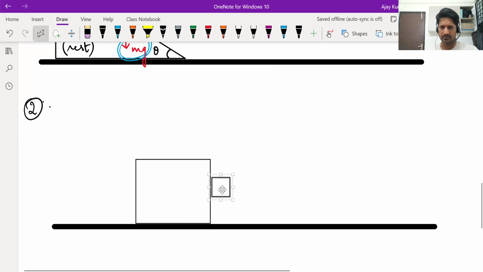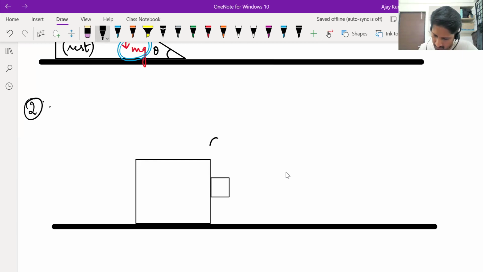Visualize carefully and answer. These two blocks are placed side by side, just in contact with each other. The bigger block has a pulley attached to it.